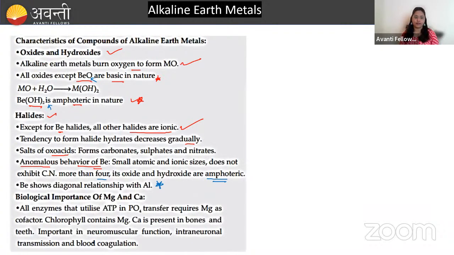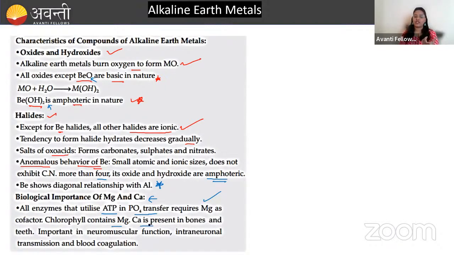Group 13 element. Now, the biological importance of magnesium and calcium is very important. Calcium is present in teeth, as I have shown in the first slide also. All enzymes that utilize ATP in phosphate transfer require magnesium as a cofactor.